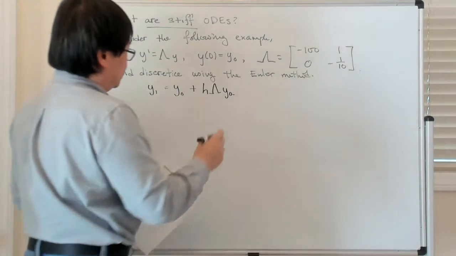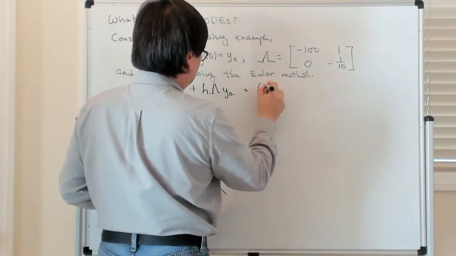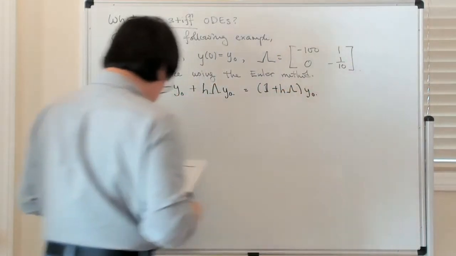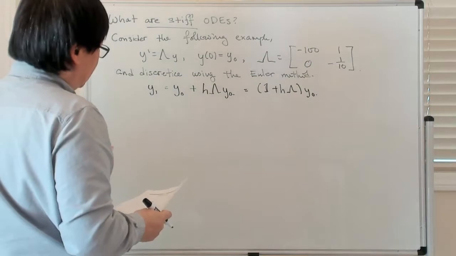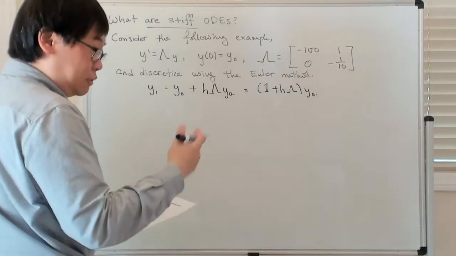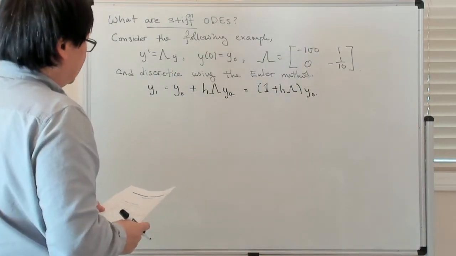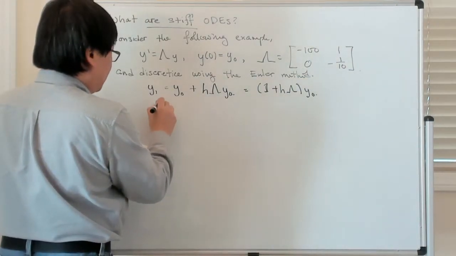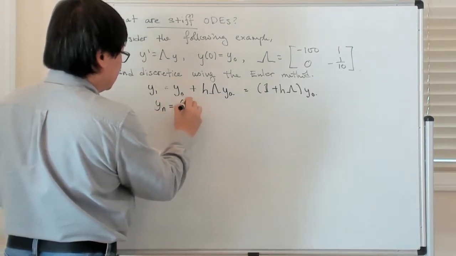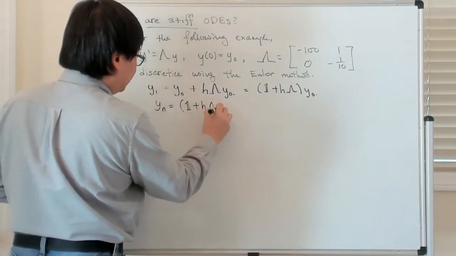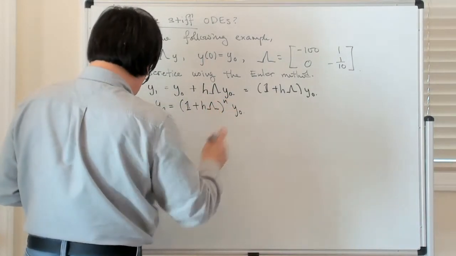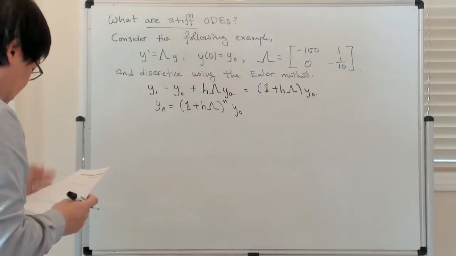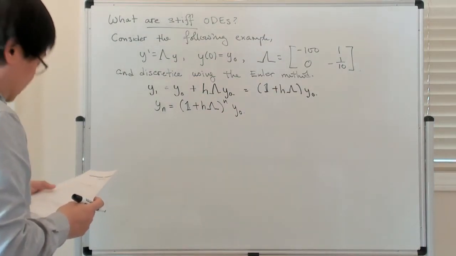So this is really just equal to the identity plus h lambda multiplied by y0. And you keep doing this, and you can basically show that yn is equal to (1 plus h lambda) to the nth power times y0. Okay, so let's see how you can go about analyzing this.